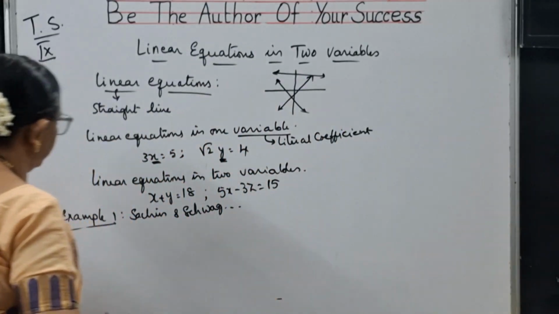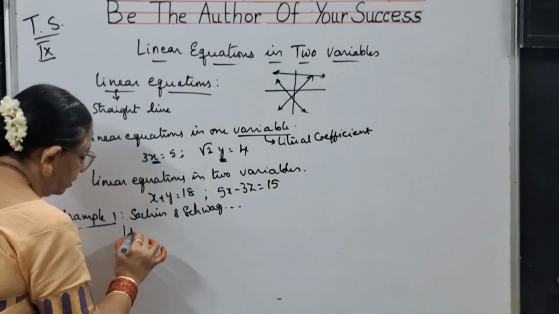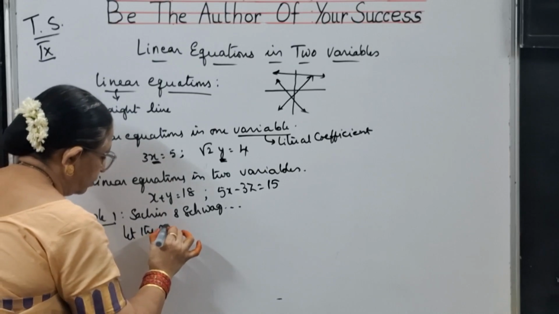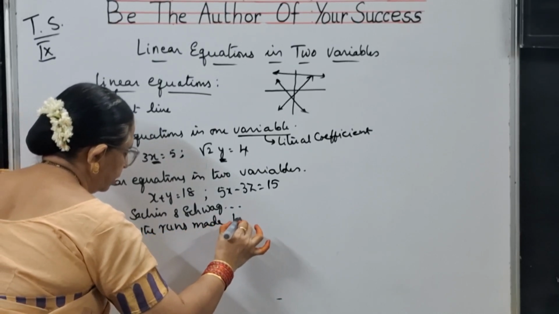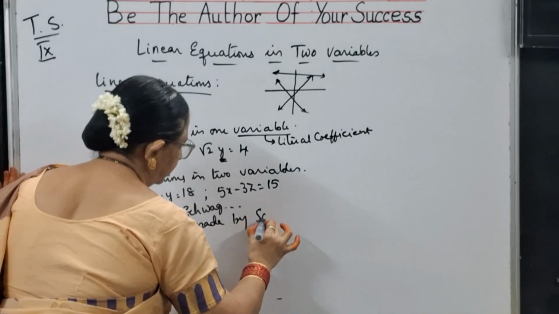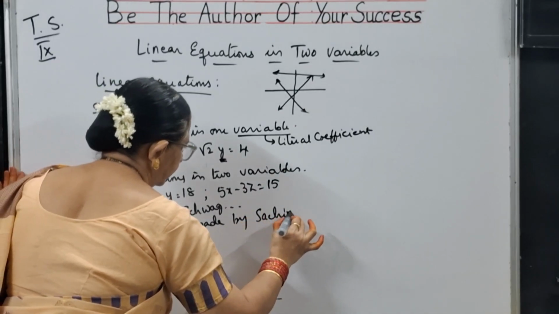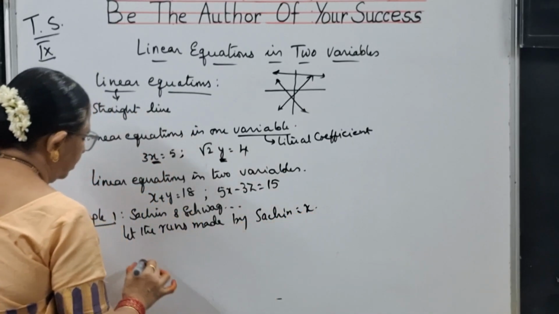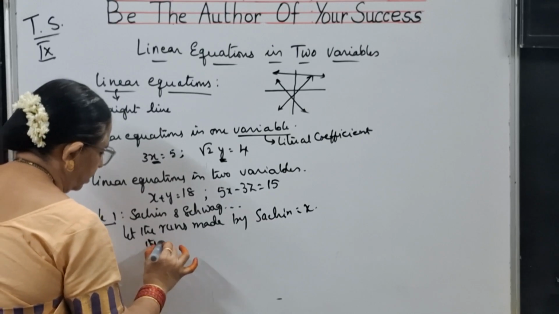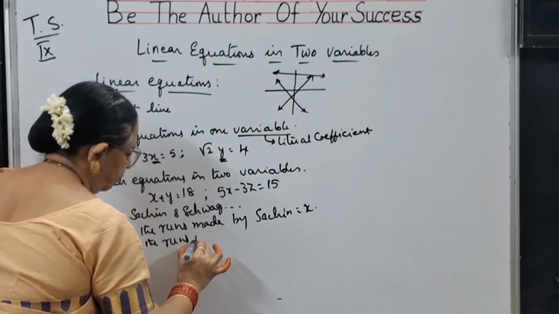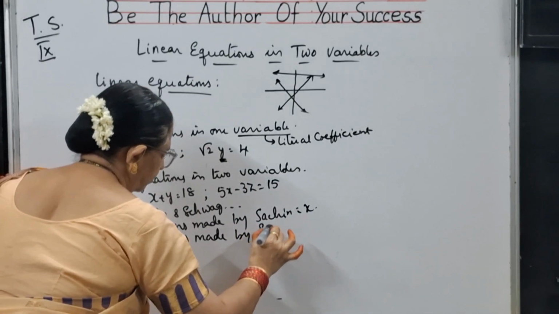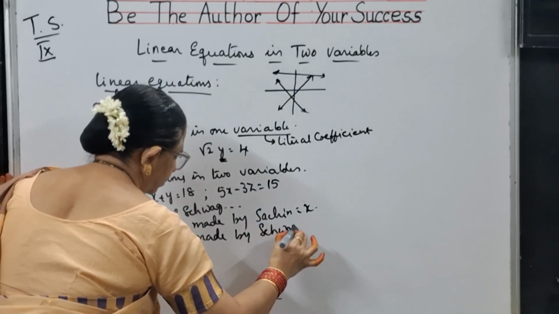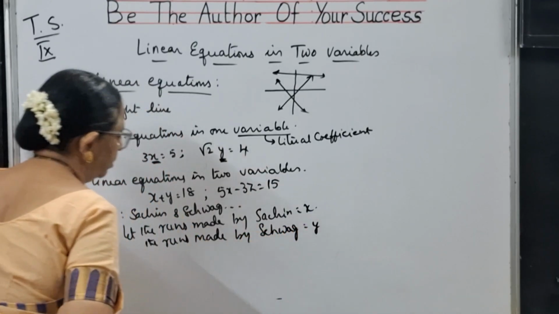So how will you write? Let the runs made by Sachin be x and the runs made by Sehwag be y.